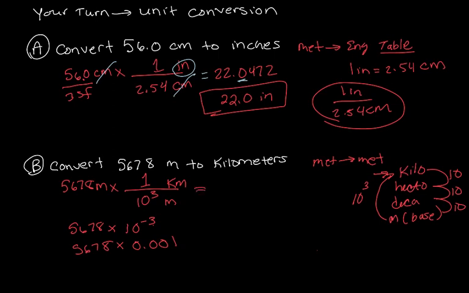The great thing about this is the meters cancel out and we're left with our kilometers. And so we find we actually don't have to plug this in again. You can just figure it out in your head, and you can move the decimal place 1, 2, 3 places to the left since it's a negative exponent, or the exponent is in the denominator. So it becomes 5.78 kilometers.